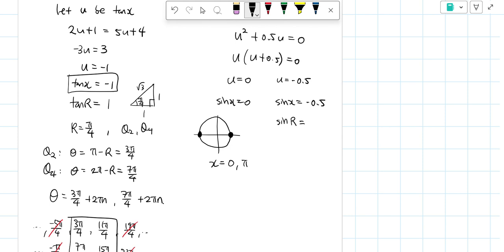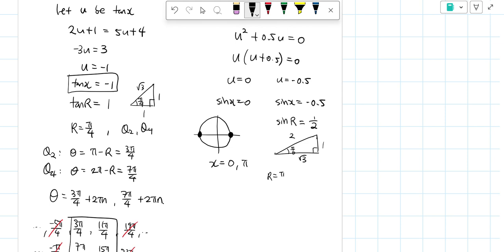Let's try the same thing for the second case. Replace x with r, replace negative 0.5 with positive 0.5 or 1 over 2. Reference angle of sine of 1 over 2. Sine is opposite over hypotenuse, so let's draw a triangle. The opposite is 1, hypotenuse is 2. I've seen this multiple times. This angle is pi over 6.